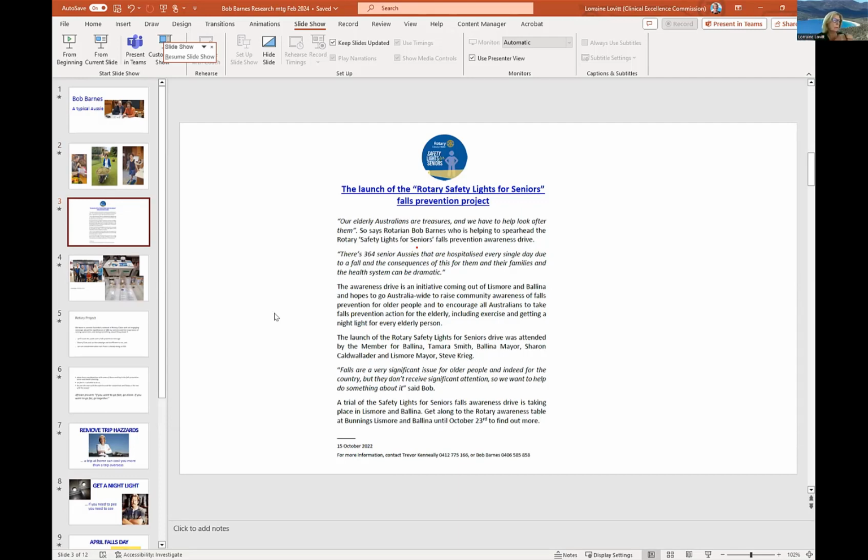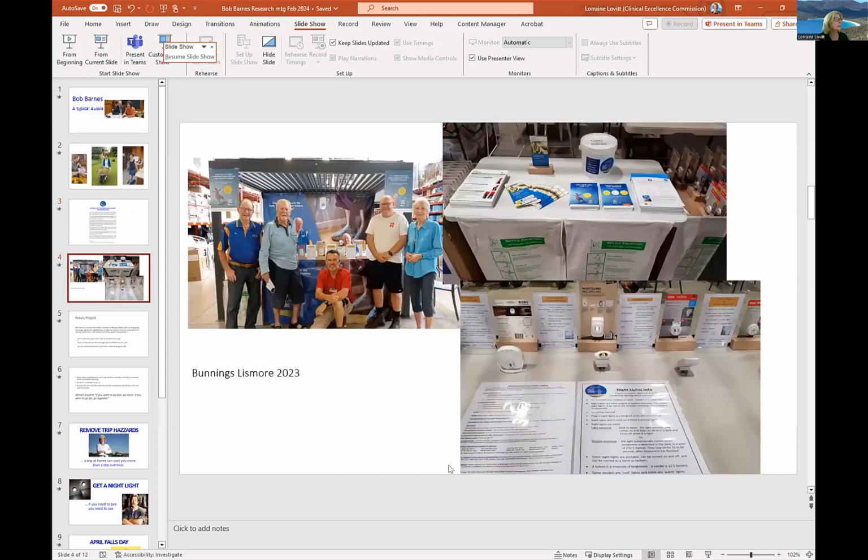Through combined government, he was able to get some funding to support an initial project. It started with safety lights because he was concerned at night. His wife couldn't see, so he thought that was a good angle to start with. That evolved into a couple of displays last year in northern New South Wales, both in Ballina and in Lismore, in Bunnings.